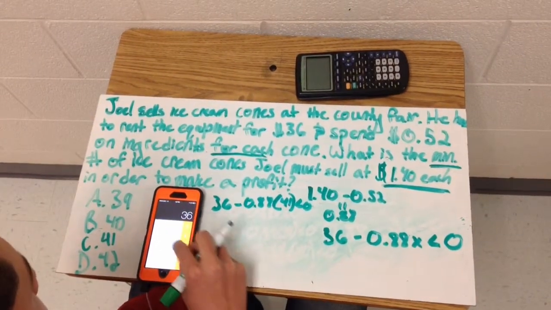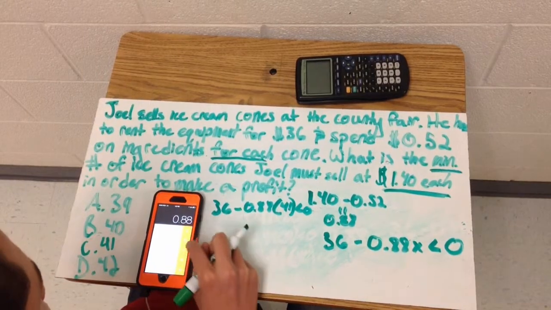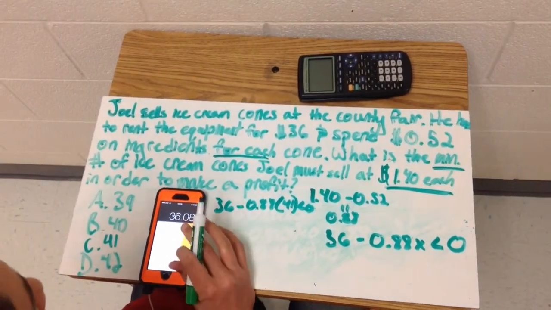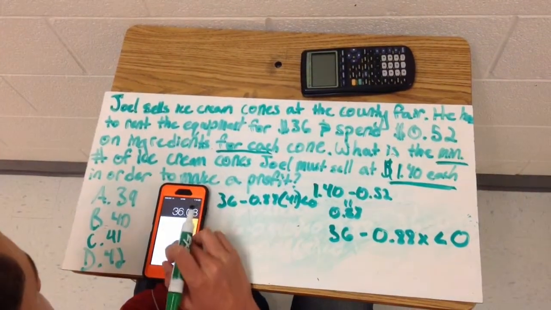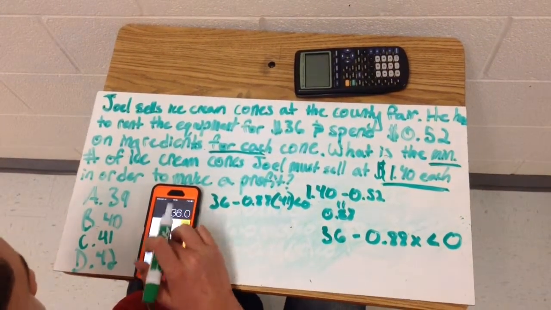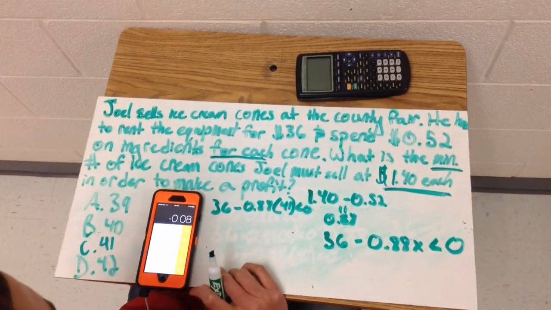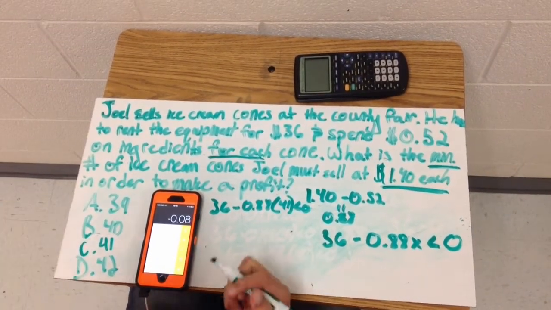Now, let's see. Equals 36.08, so that will equal a profit of 8 cents. Okay, so we have to make sure that's the minimum, so go 1 underneath that.